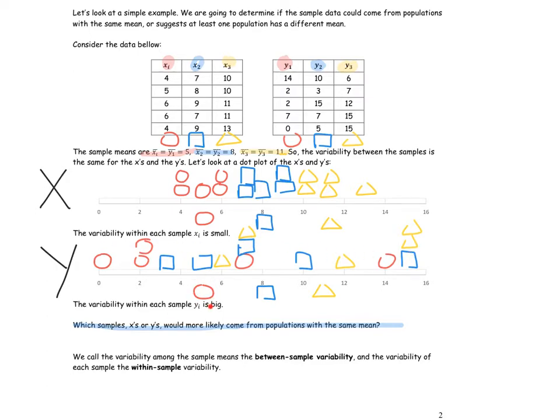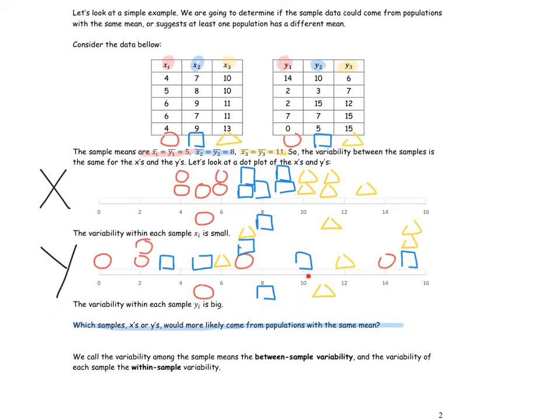And now over here, we have the same space between the means, but the data is all over the place. So maybe this red circle at 5 has a little bit more wiggle room because the data is all over the place. Likewise here, our data is all over the place again for the blue square. So the population mean might not be 8, it might be closer to 6, it might be closer to 10. There's more wiggle room because the variability within the sample is big. And the same argument for the triangle.